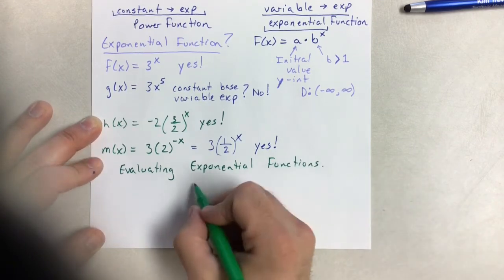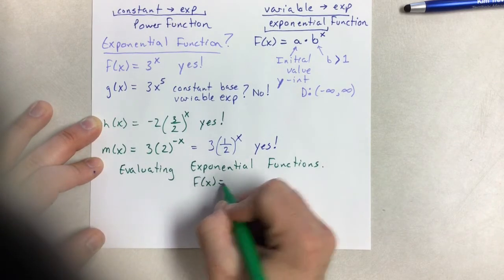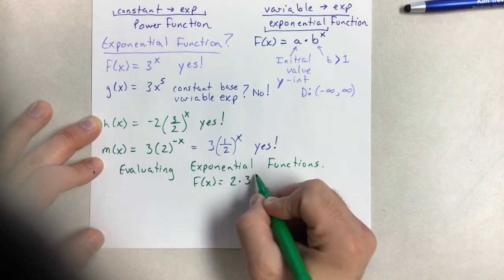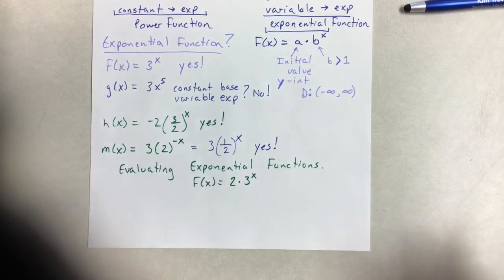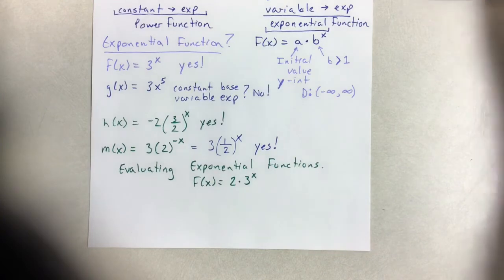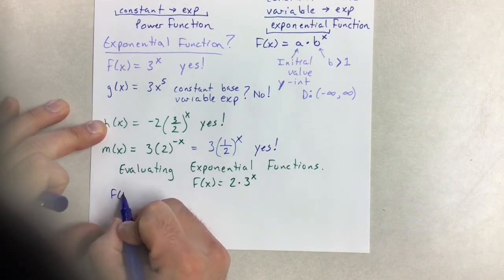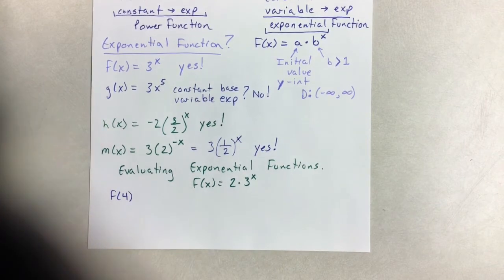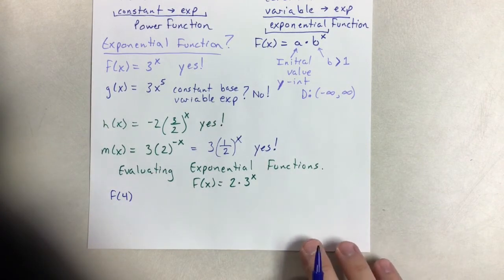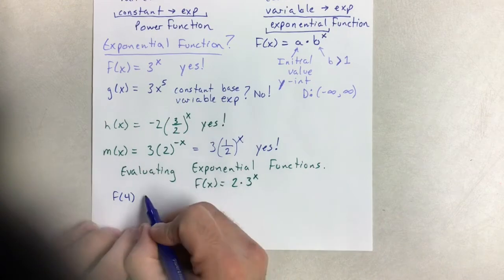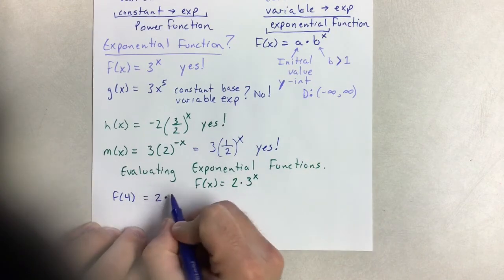And what I mean by that is, let's take the function f of x equals 2 multiplied by 3 to the power of x, and we're examining what is the value of our function when x is 4. That's what it means by evaluating. So we place 4 into our function, and we achieve 2 multiplied by 3 to the power of 4.